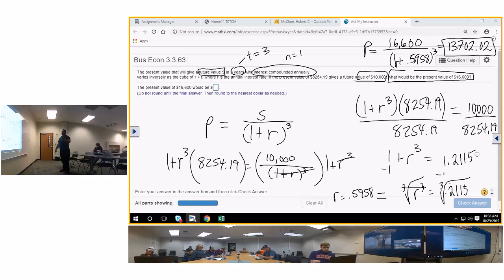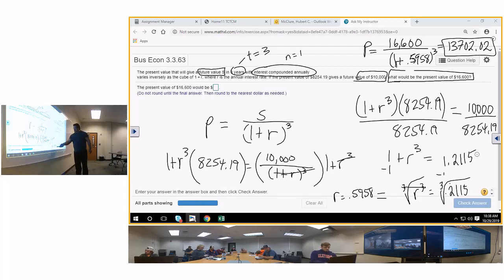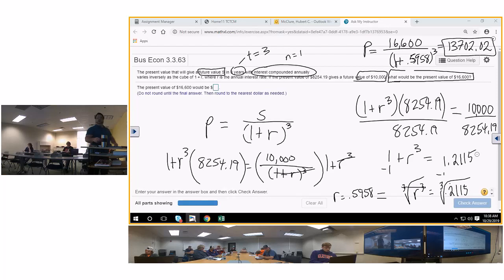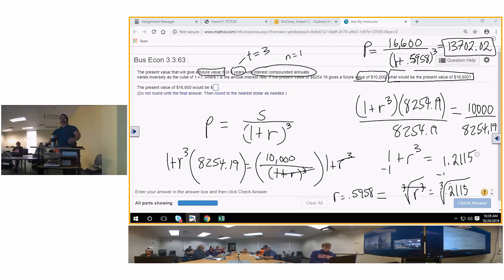The reason I said 59 doesn't look correct is because this is not compound interest. This is some other formula I've never seen before. In compound interest the rate is not this high, because all of our business classes use compound interest.